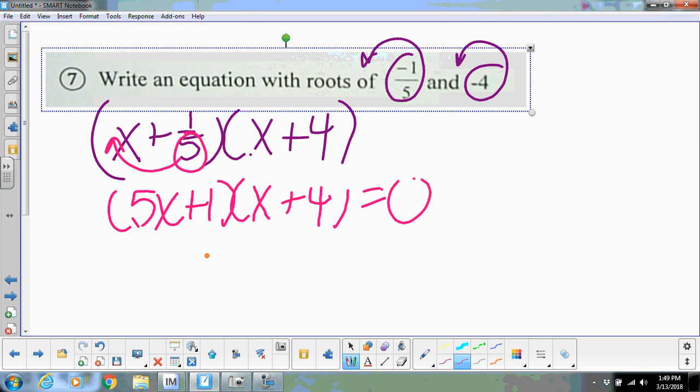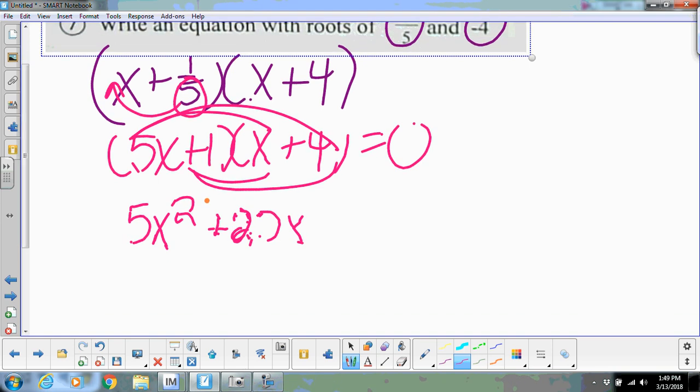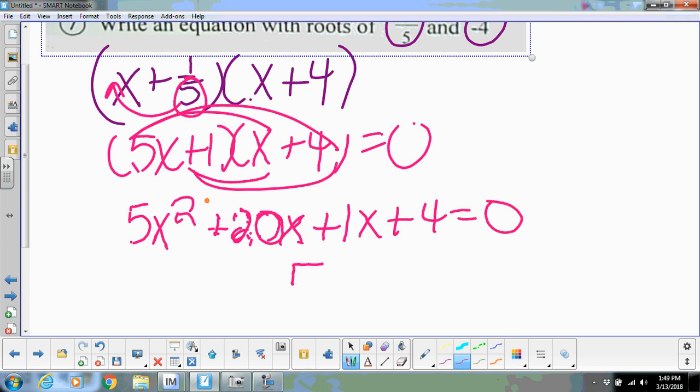And then you would distribute out from there. So it should be 5x squared plus 21x plus 4.